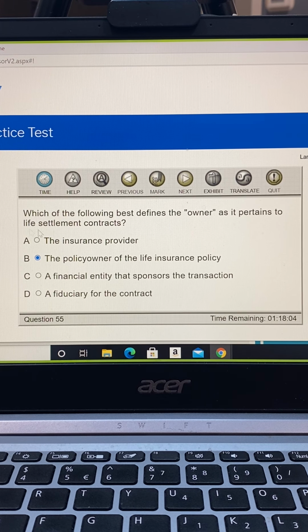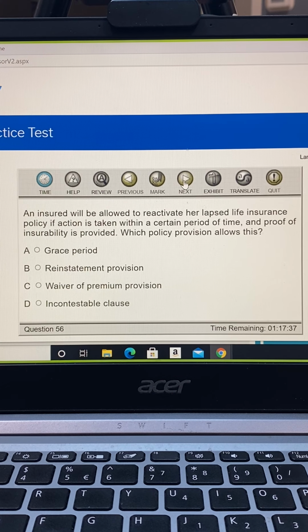This keeps throwing me off with this life settlement contract stuff. Are they trying to compare this to viatical settlement? Because they have this financial entity that sponsors the transaction. Let's go with policy owner. If it's wrong, they'll tell us in a second. We only have 4 more.